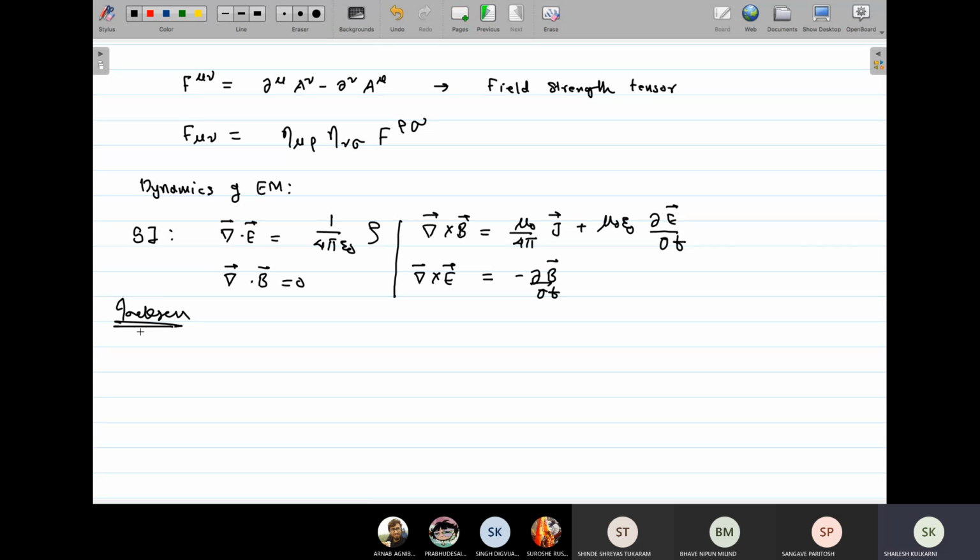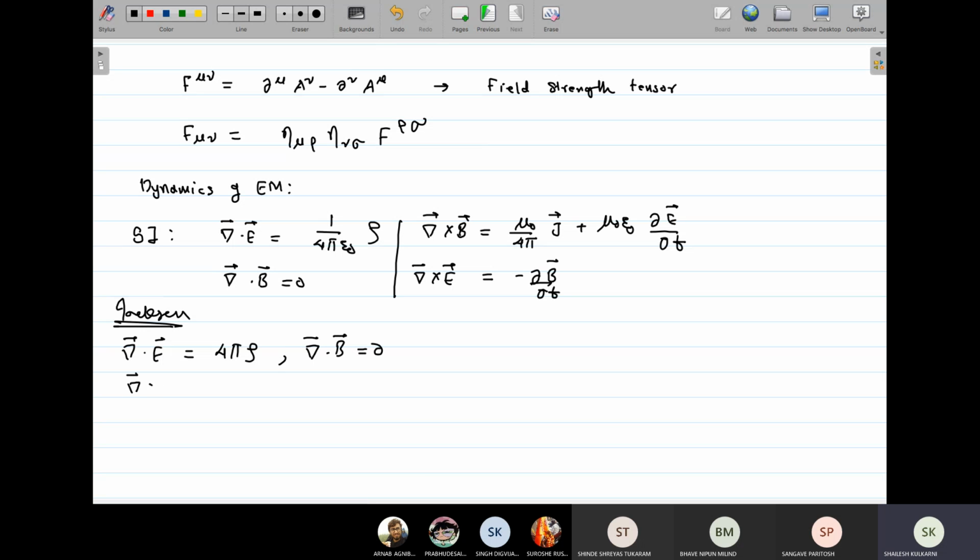Whatever we have been doing so far was in Gaussian units. In the Gaussian units you have del dot E equal to 4 pi rho. Then del dot B, there is no difference, del dot B is always 0.